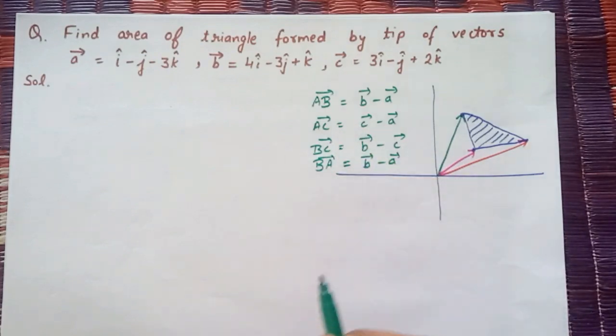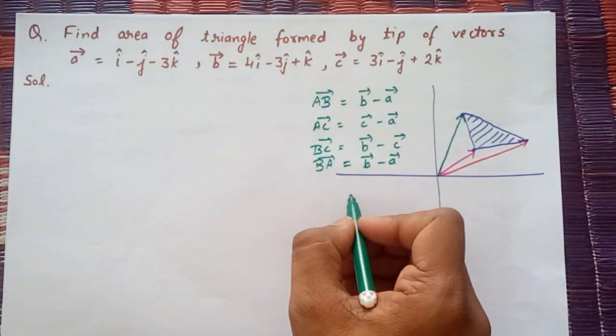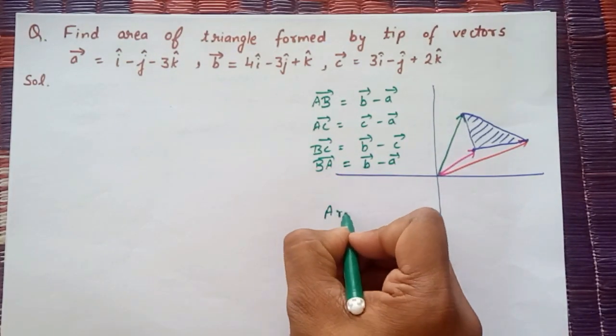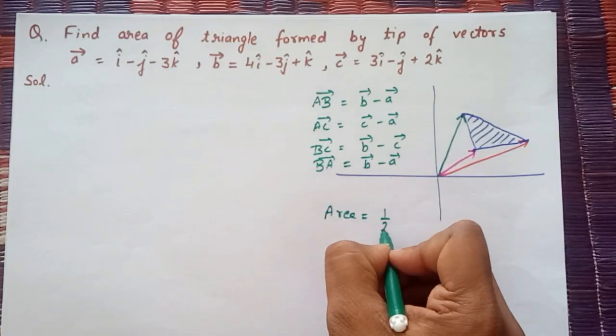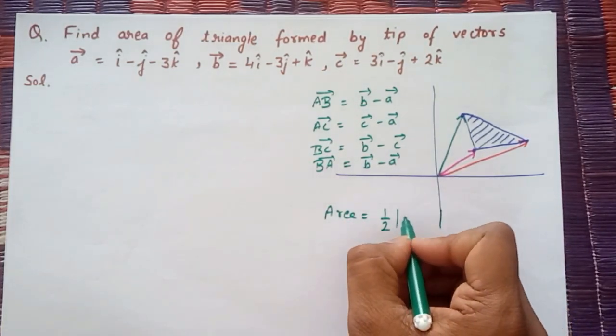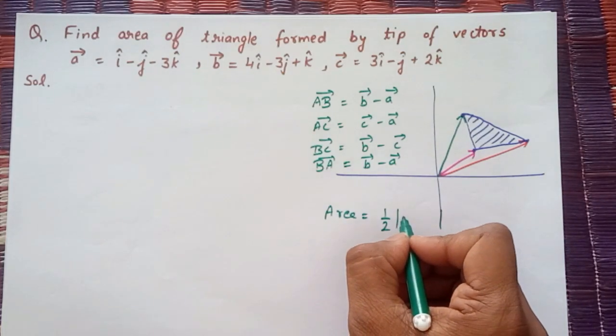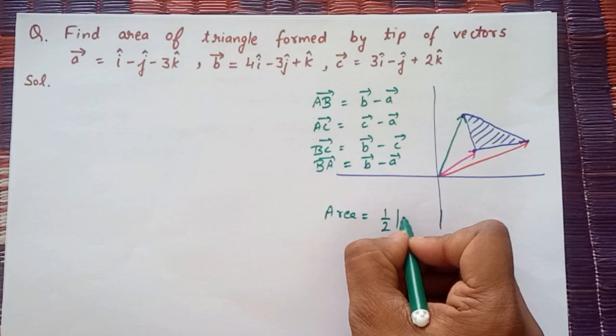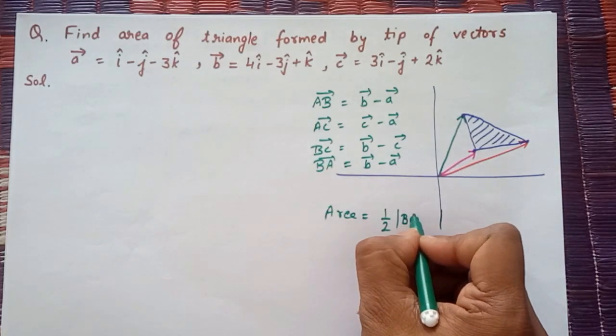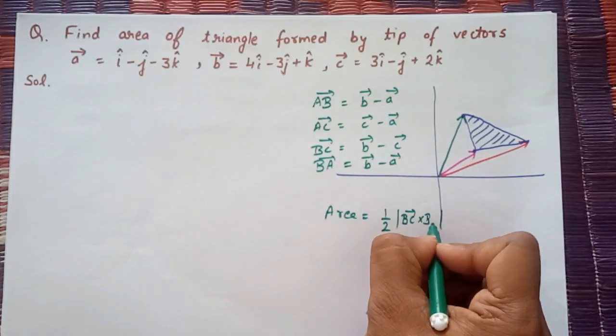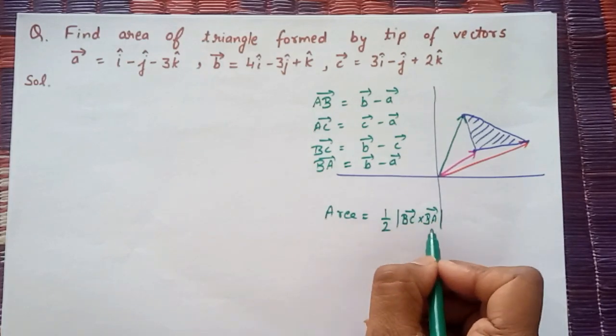You can find any of them and you can apply the formula of the area of a triangle, that is equal to half of any two sides such that their starting point is same. Suppose the starting point is B, so it will be BC vector cross BA vector or BA cross BC.